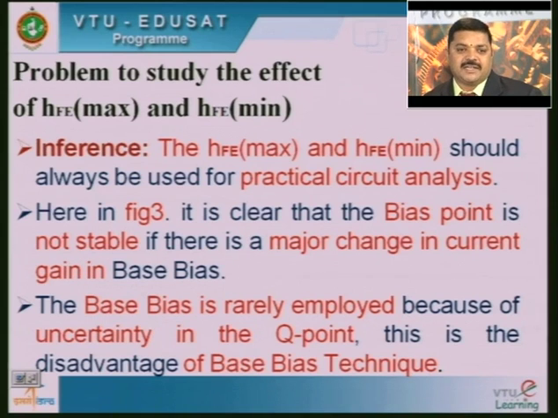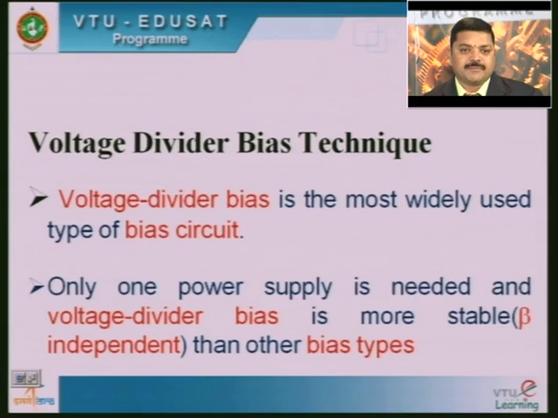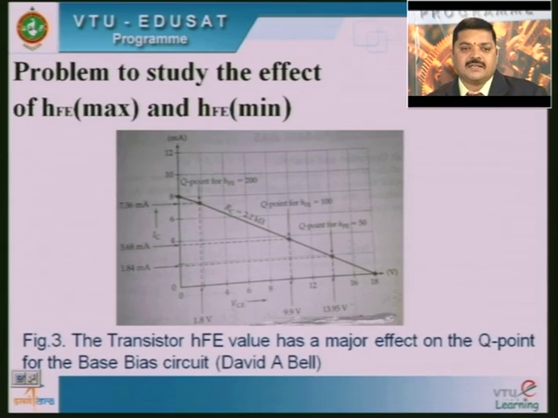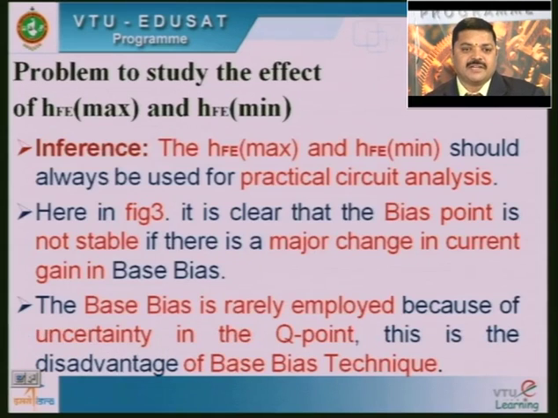Figure 3 is the graph which we have shown previously. In figure 3, it is clear that the bias point is not stable if there is a major change in the current gain in base bias.